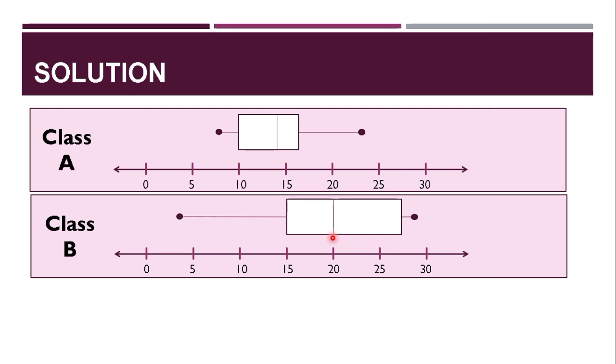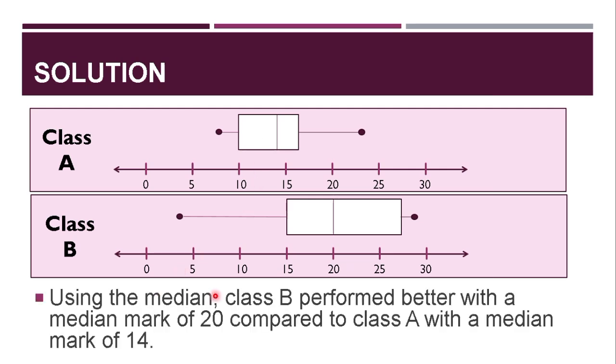That means class B performed better than class A using the median value, with a median mark of 20 compared to class A with a median mark of 14. These are some of the questions you will be asked when you are supposed to interpret a box and whisker plot.